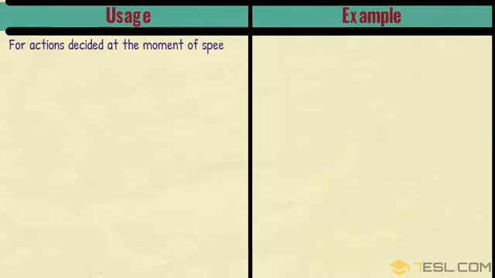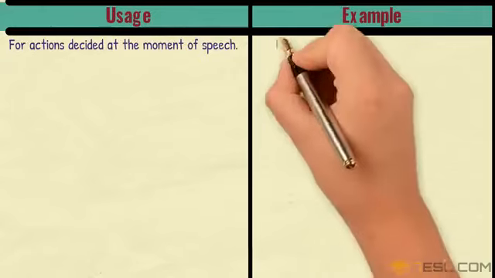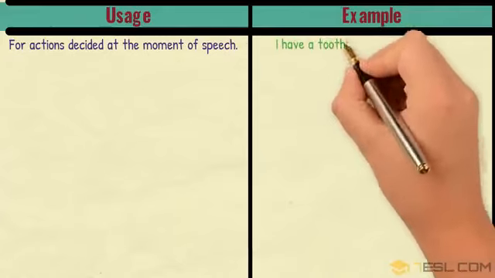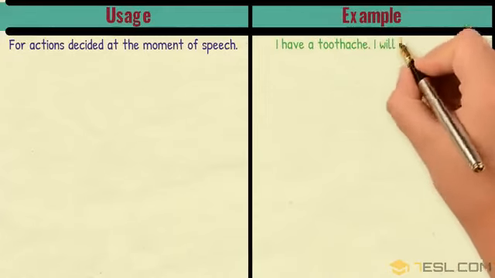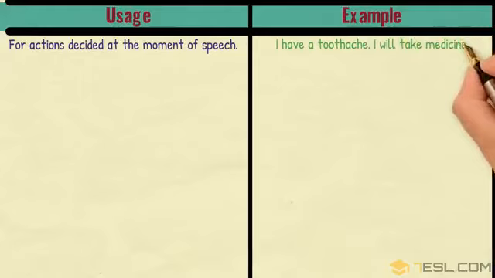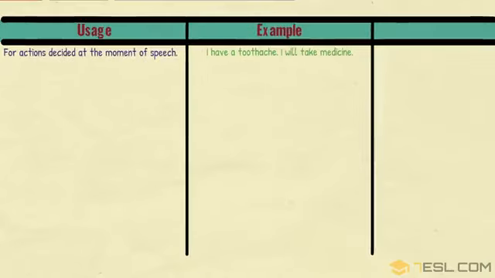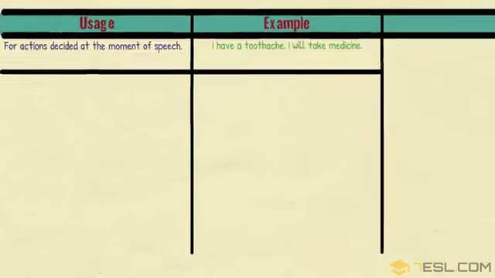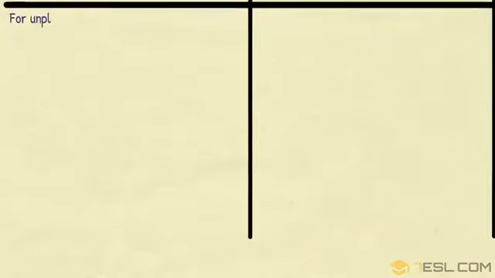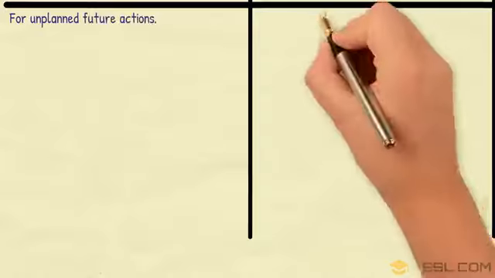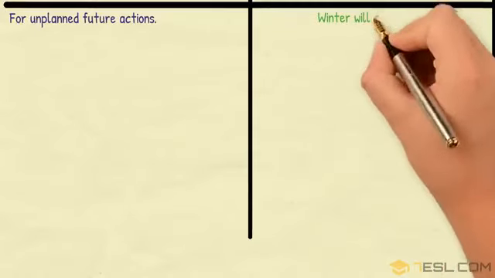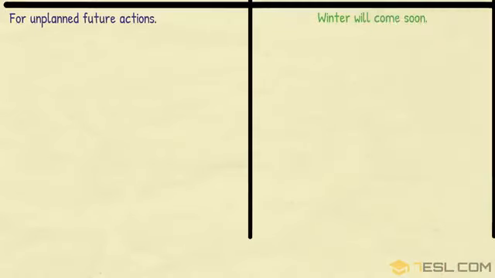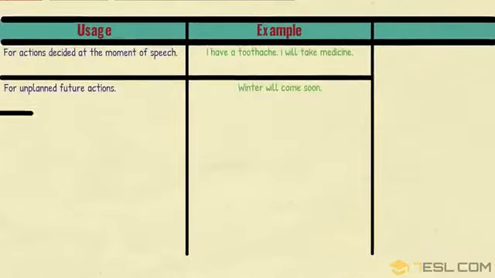For actions decided at the moment of speech. I have a toothache. I will take medicine. For unplanned future actions. Winter will come soon.